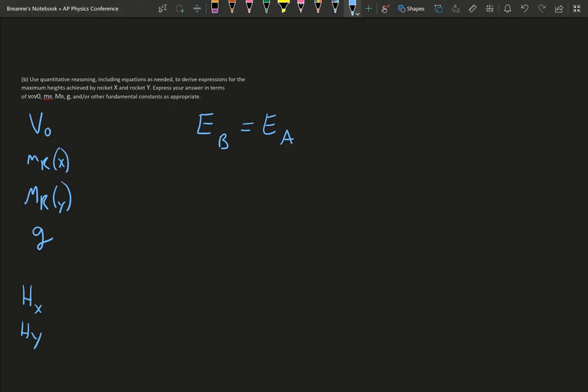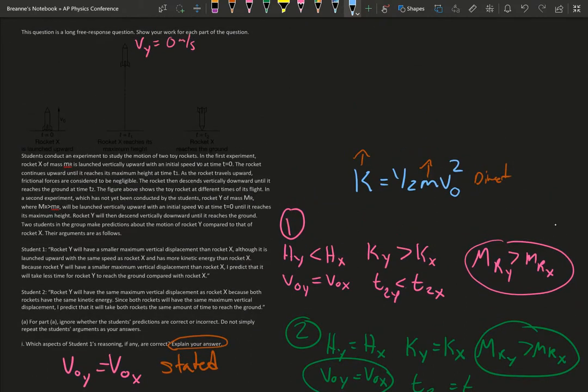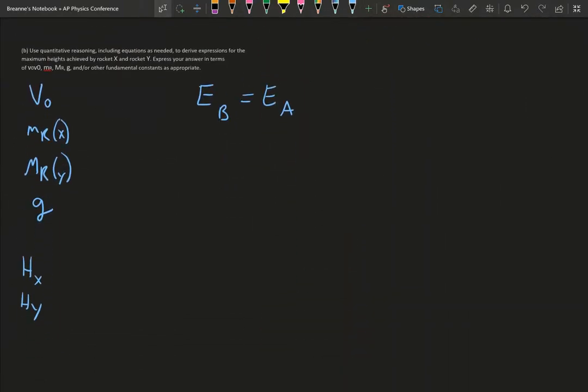So what type of energy did it have before? Scrolling up here, as it's being launched, it's going to have kinetic energy, and as it gets to the very top, it's going to have gravitational potential energy. So our initial kinetic energy equals our gravitational potential: 1/2 mv squared equals mg delta y.